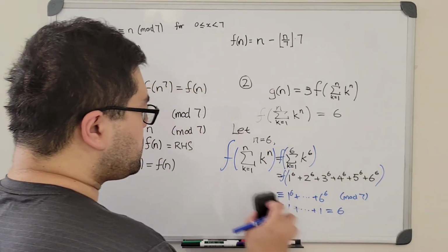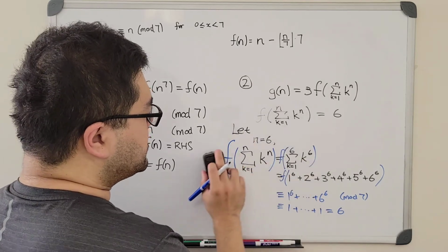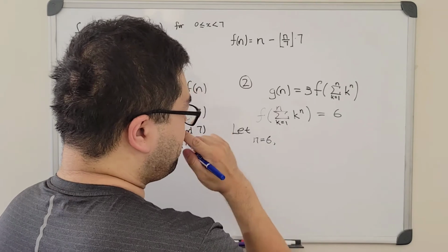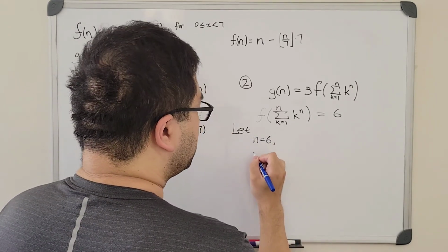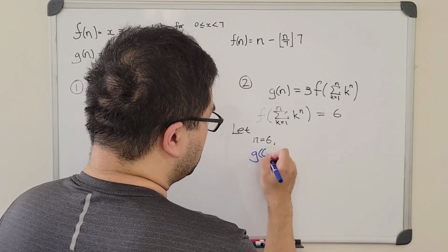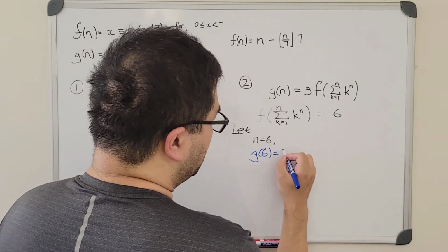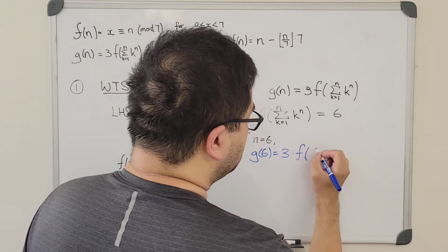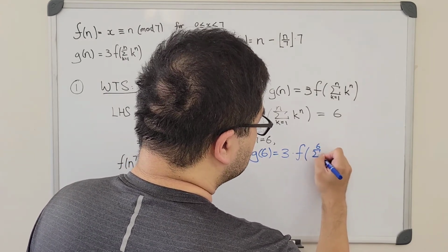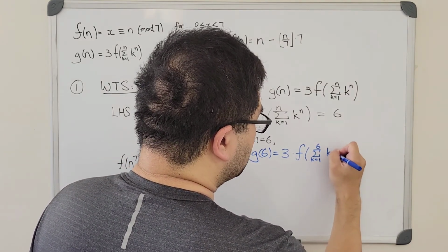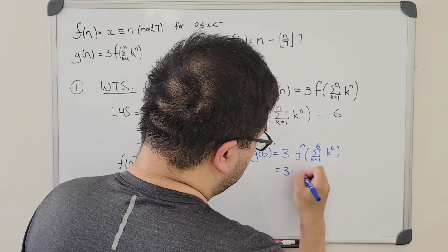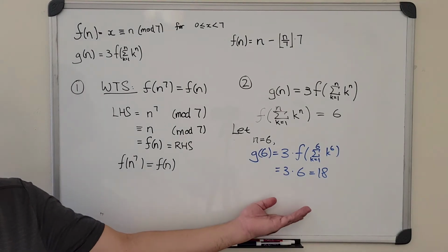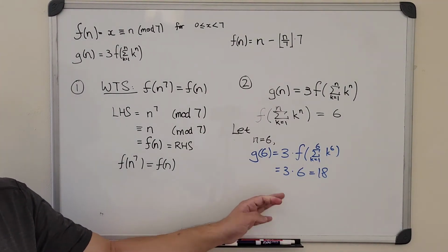So, of course, now we can see that if we choose n equals 6, we get the following: g of 6 would then be equal to 3 times f of this quantity here, which is equal to 3 times 6, equals 18. And this is how we can maximize our score in this problem.